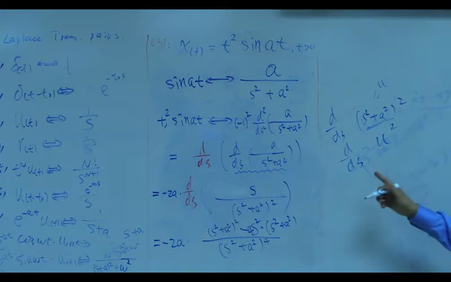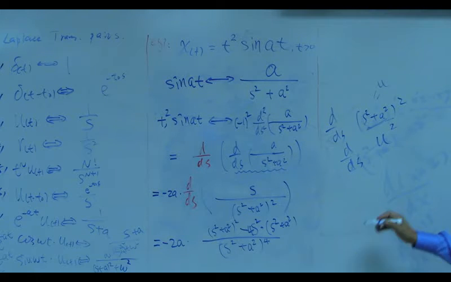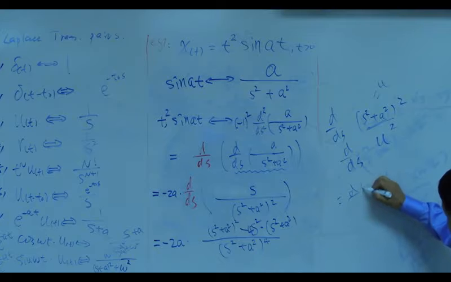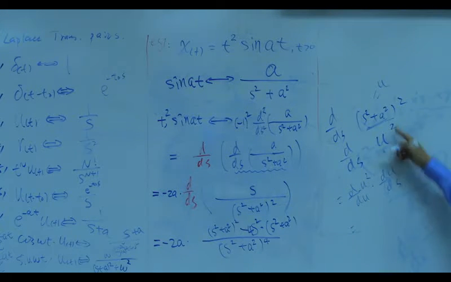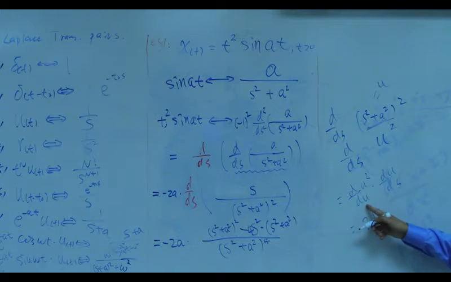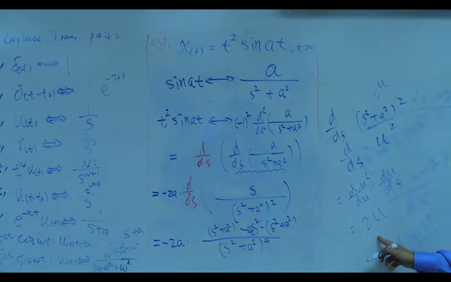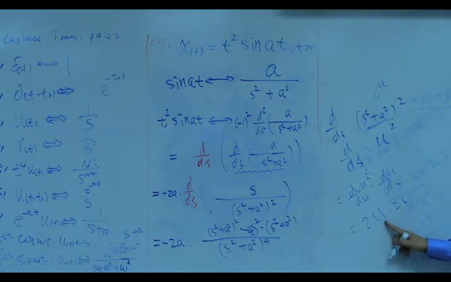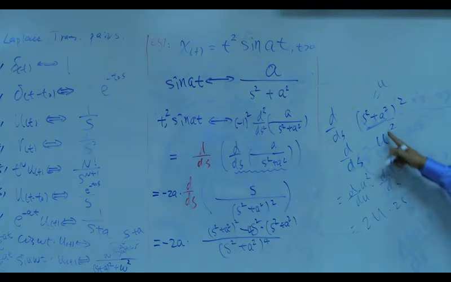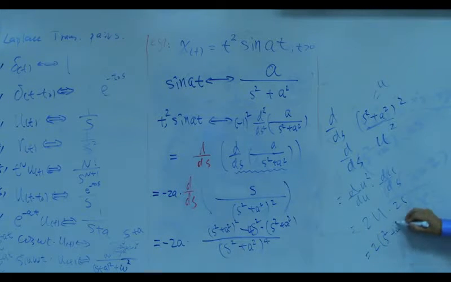So this one is just u squared, and the derivative of u squared with respect to s equals d u squared du, then times du ds. Right? And d u squared du equals 2u, then du ds, where u equals this one, so du ds means 2s. Then we don't like u, because u is an intermediate variable. So we replace u with the original s squared plus a squared, then times 2s.